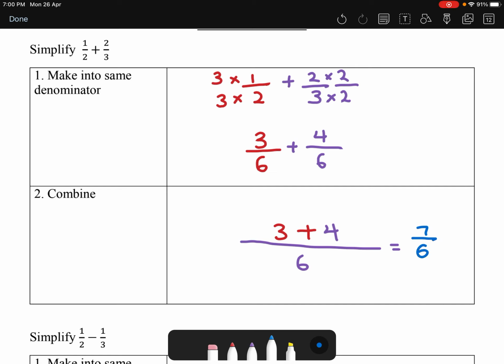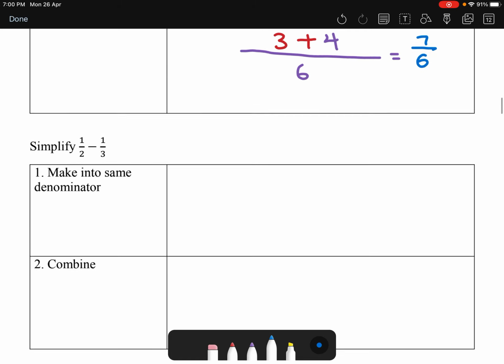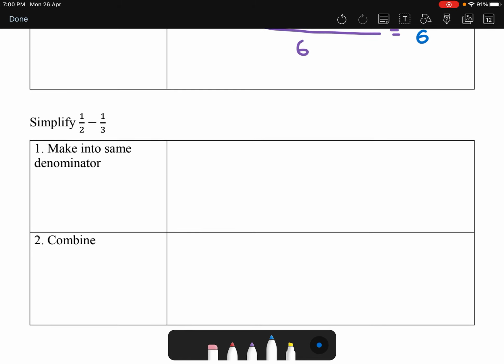Alright, so this is how I add these two fractions together. Next, what about minus? Minus is the same thing. We need to make them into the common denominator before I can do anything. So for the first term, half minus 1 over 3. The common multiple between 2 and 3 is 6, right?